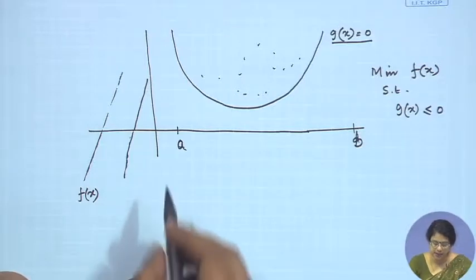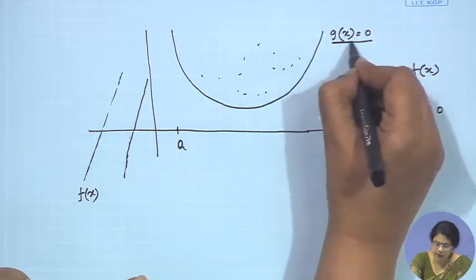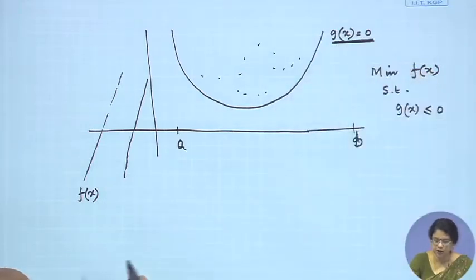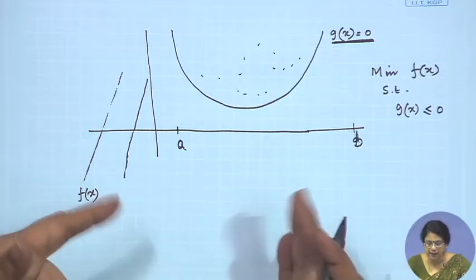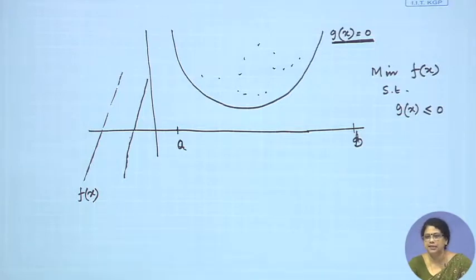We will consider a point A. This is a nonlinear function g(x), but what if we make it a linear function? We know Taylor's theorem: through the Taylor series, any nonlinear function can be expanded at a point.